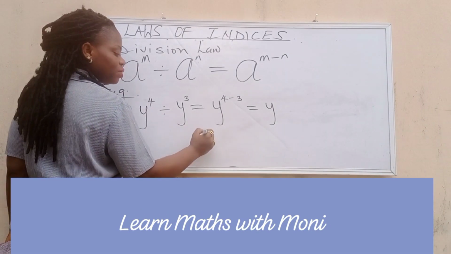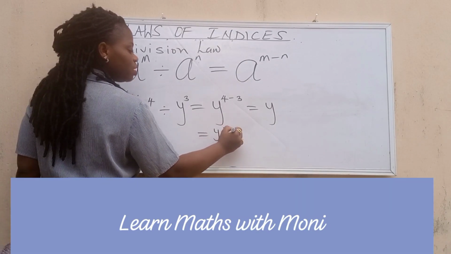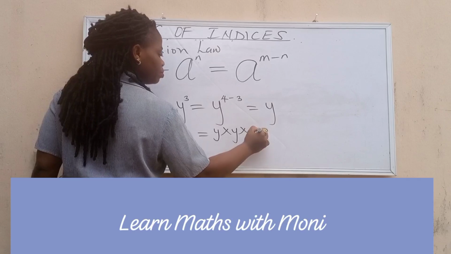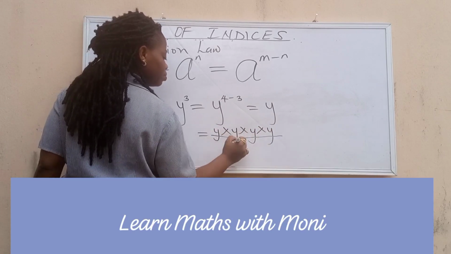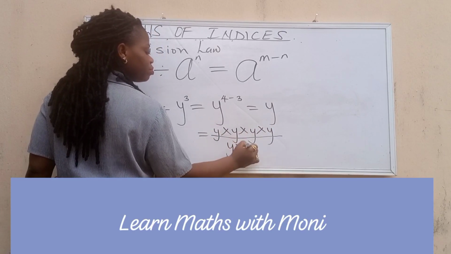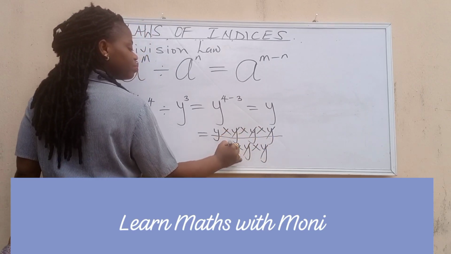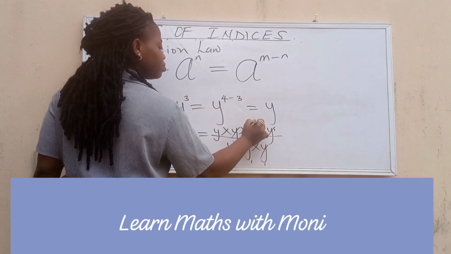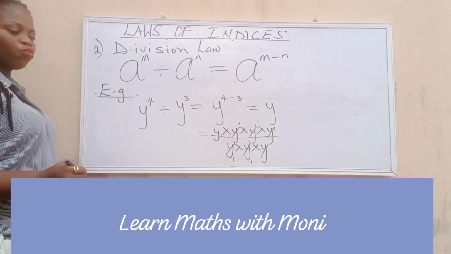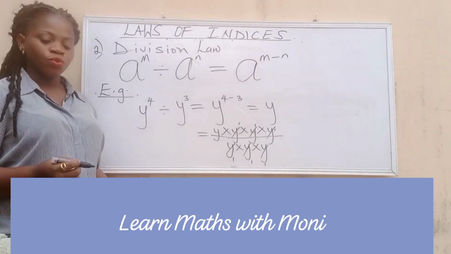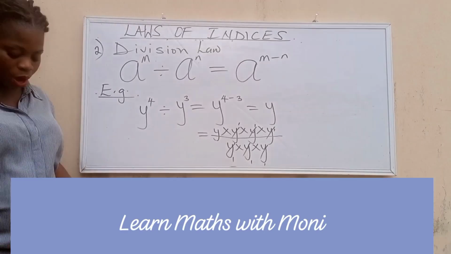And that is the same thing you are going to find using the elaborate form. We are left with a single y, which is y raised to power 1.